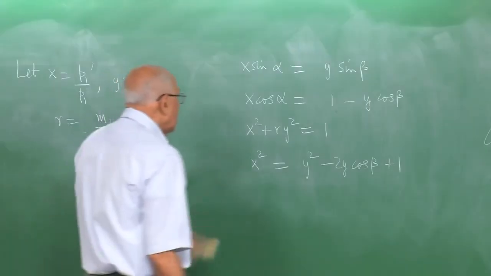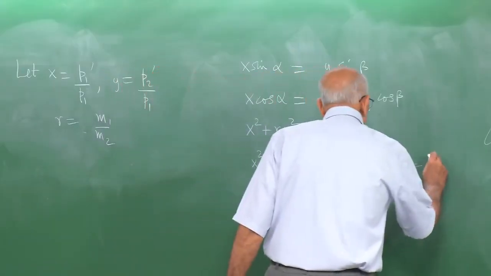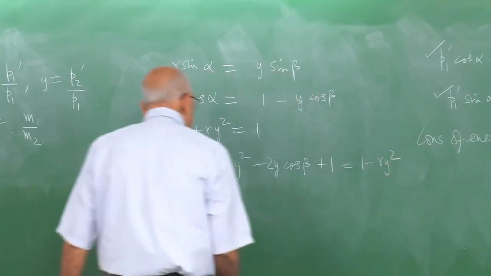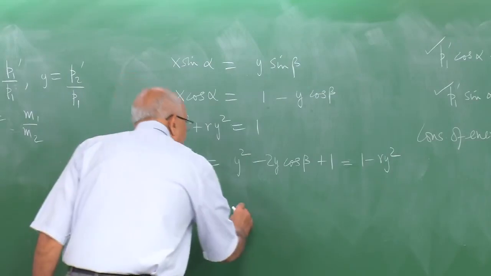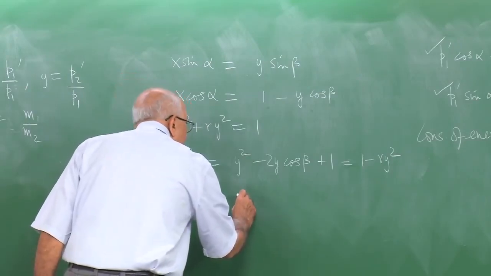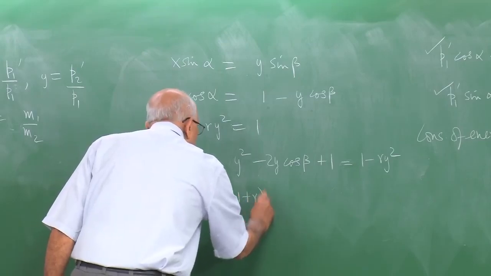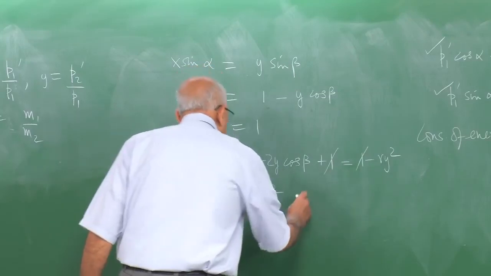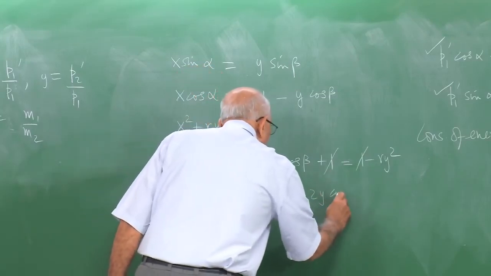But for x squared I write 1 minus r y squared, so this at once gives you 1 plus r y squared, this 1 cancels out, 1 plus r y squared is 2y cos beta.